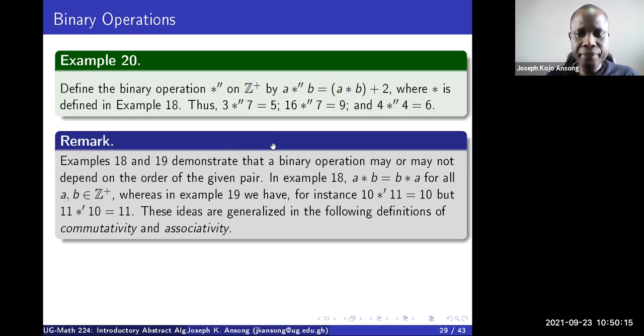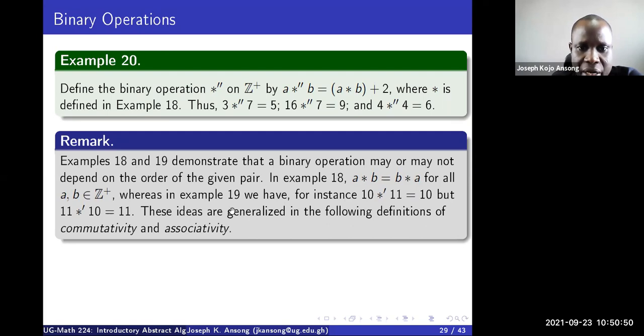Okay, great. Now, take note of this. In some of these operations, you will notice something interesting. In the example where we pick the minimum and where we pick the first one, we demonstrate that a binary operation may or may not depend on the order in which you perform the operations. Sometimes if I do A and B, my answer could be A. If I do B and A, my answer could be B. Sometimes they are equal, sometimes they are not.